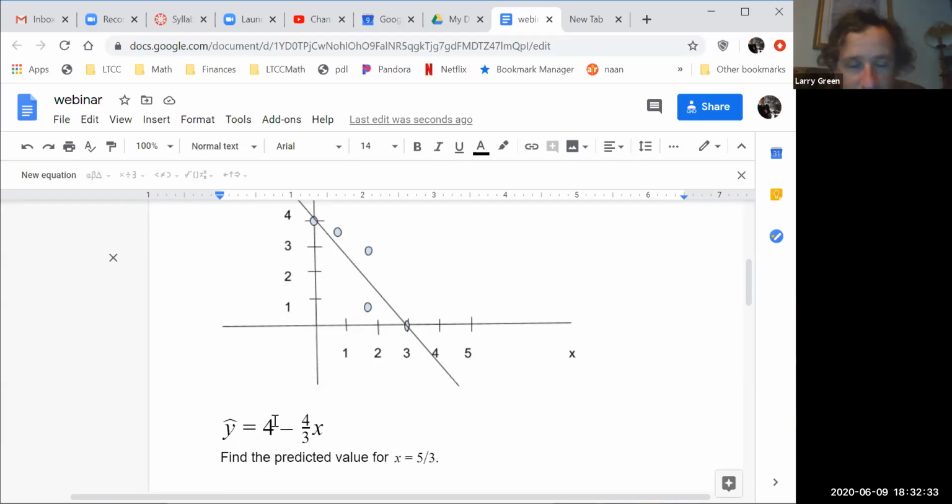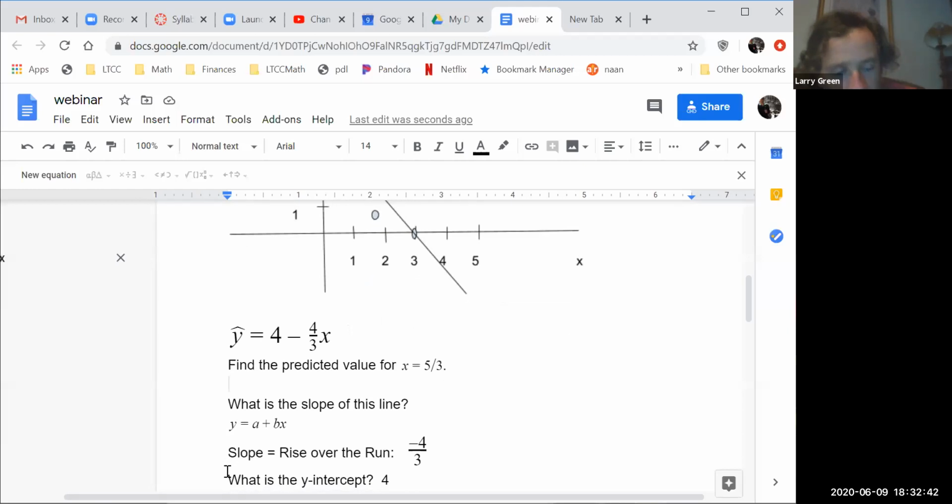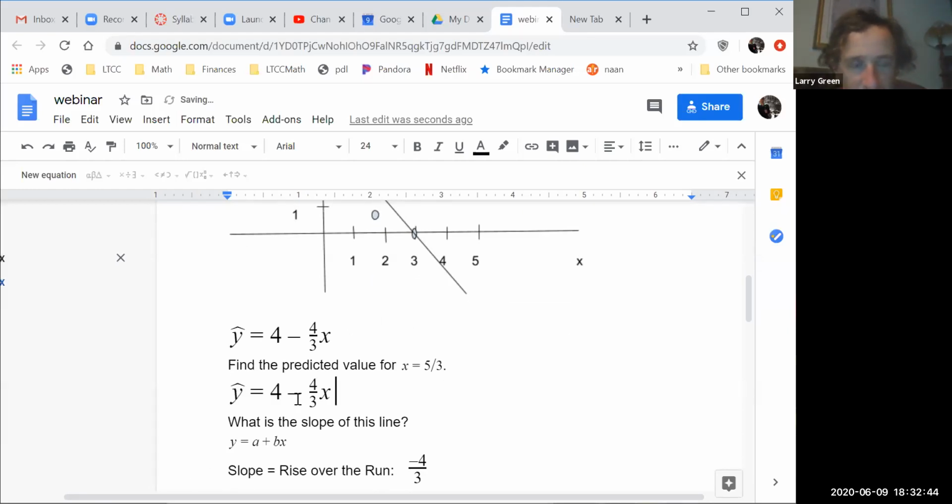Okay, so what I can do is, I like to copy and paste and then replace. So there's our y hat again, and we're going to take that x and replace the x with a 5/3.